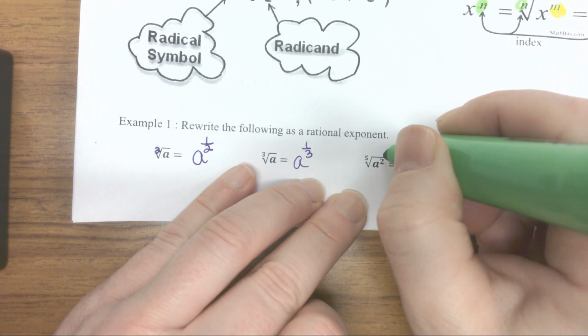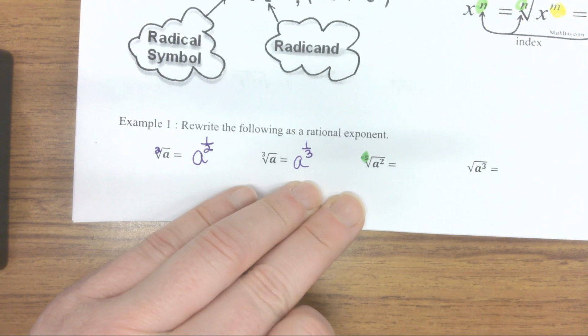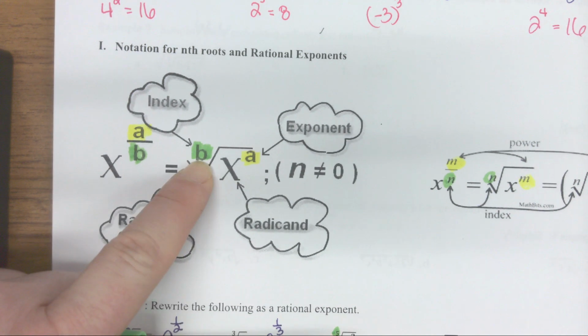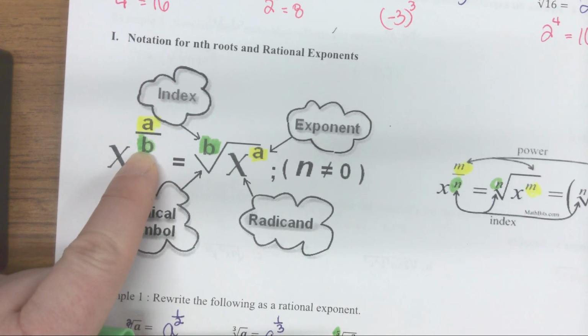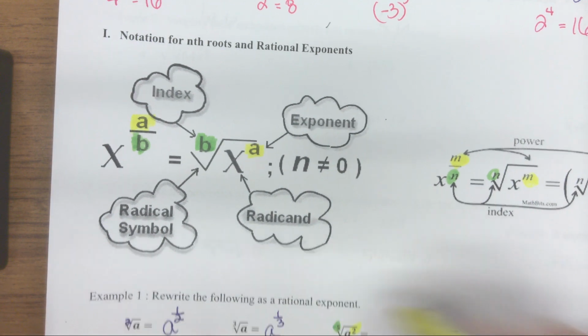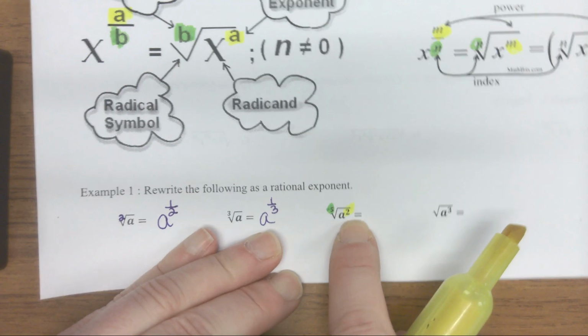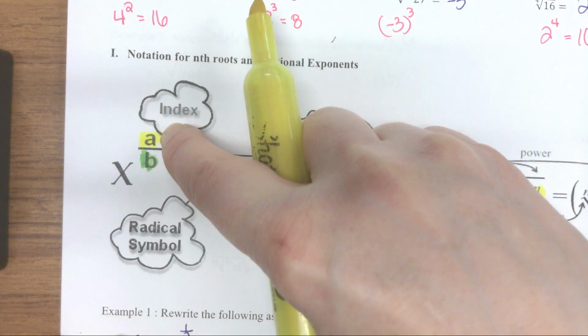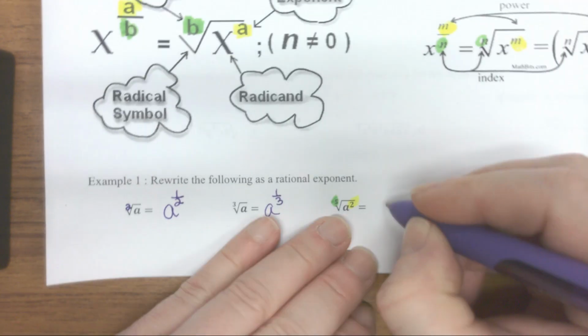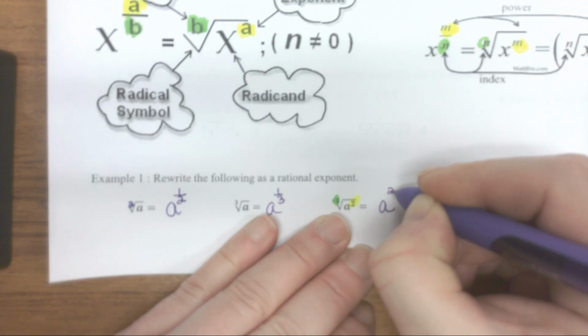So that 5 right there, that's the root. The root is going to go on the bottom of my fraction. And the squared is the power, or the exponent, so that's going to go on the top of my fraction. So the way I can write this as a rational exponent is a to the 2/5 power.